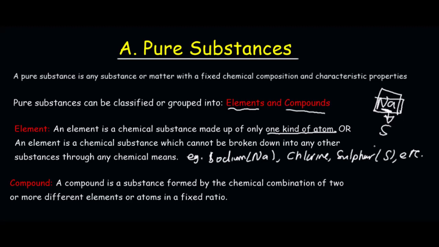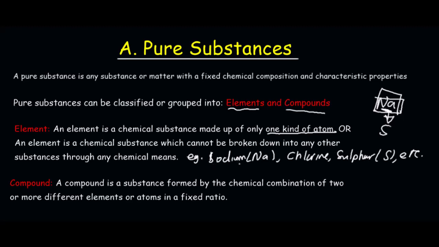All the elements you see on the periodic table are examples of elements. You can write them as examples of elements.